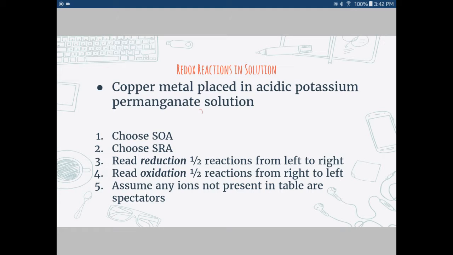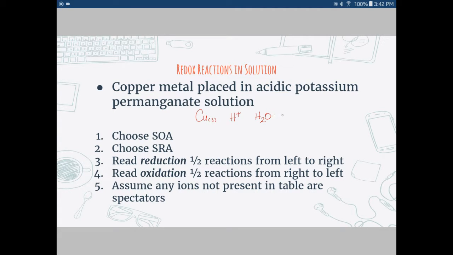We have copper metal, which means that we have copper solid. We have an acidic solution, which means we have hydrogen ions. We have a solution, which means we have water molecules. And we have potassium permanganate solution. Now, when I see potassium permanganate solution, I know that water's obviously involved.